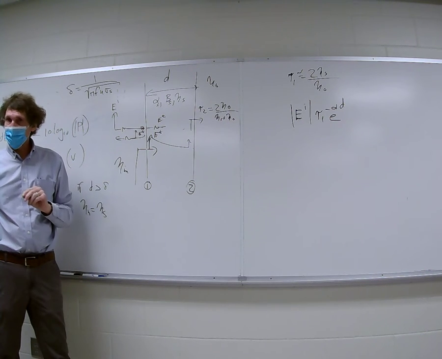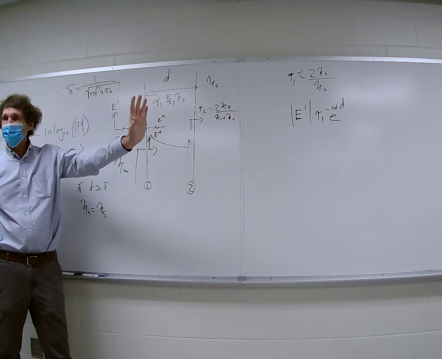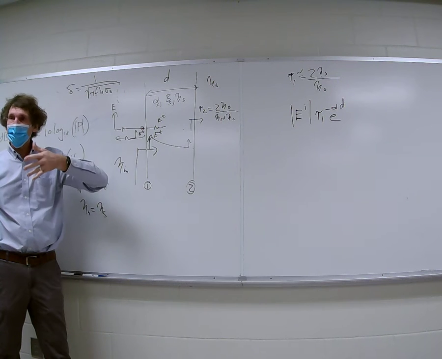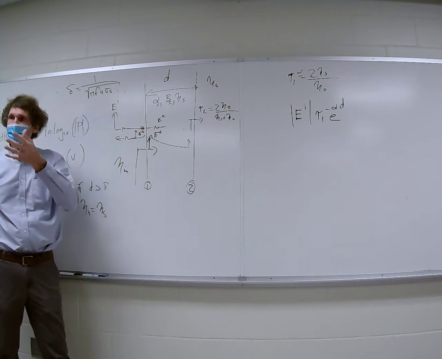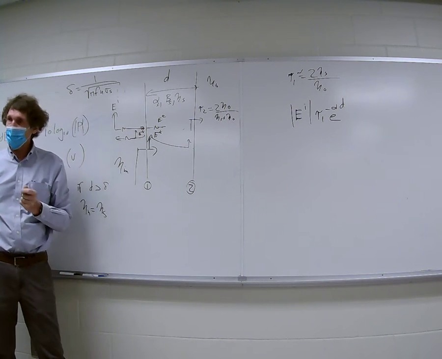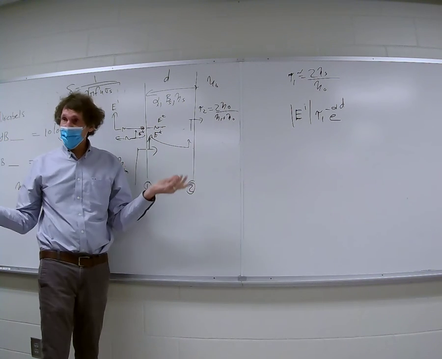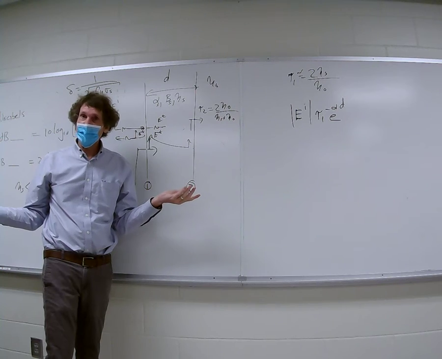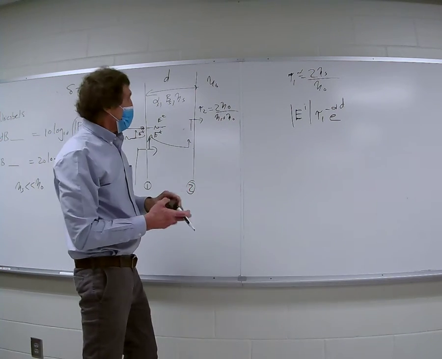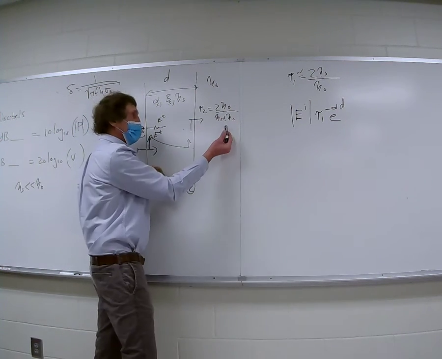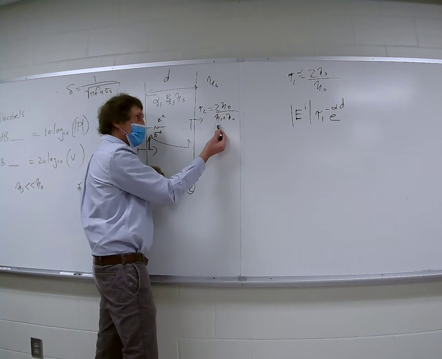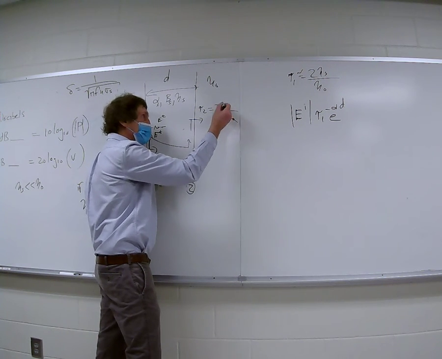That's transmission. It's going to be 2 times the impedance you're going into over the impedance you came from, plus the impedance you're going into. It's just like you did with your transmission line problems. And if you want, just get 1 plus the reflection coefficient here if you don't like this. But either one works. Now, you can see that eta naught is much greater than eta shield. So this is basically just 2.